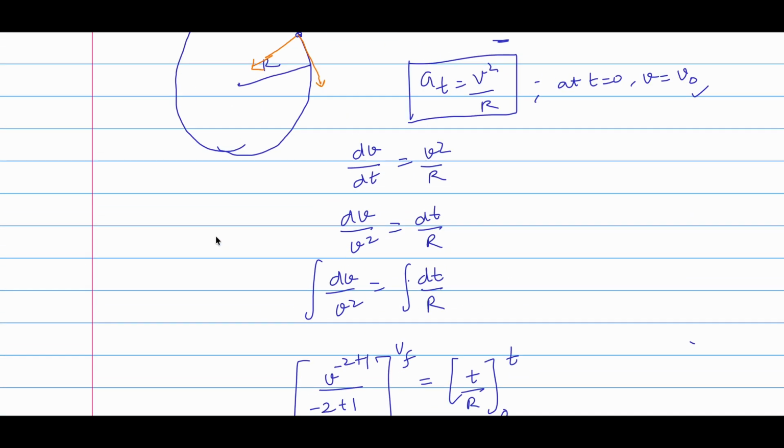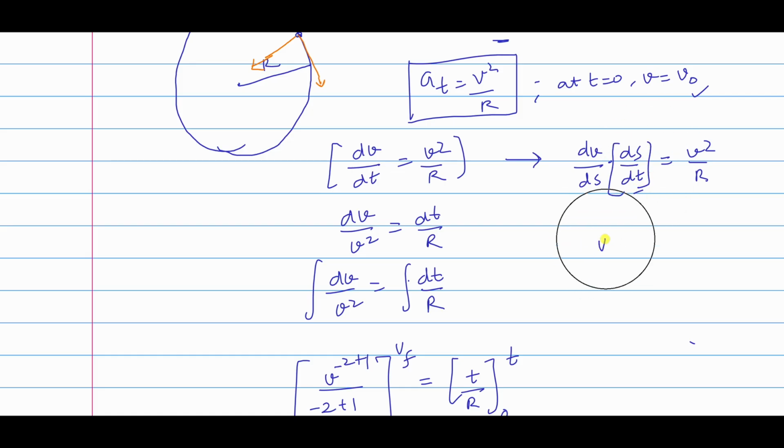Same thing, we can write this as dv upon ds times ds upon dt, because we can cancel ds out and we are left with dv upon dt, which is equal to v square upon r. And we know ds upon dt is what? v.